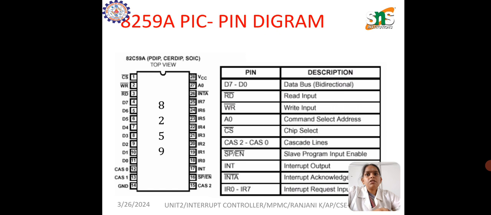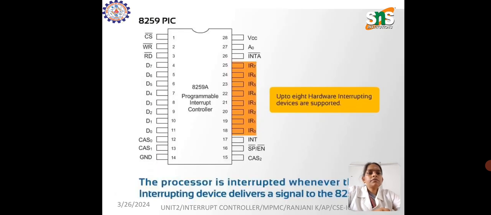This pin serves a dual function. When it is used as an EN pin, it provides an active low output that controls the buffer transceiver in the buffer mode. Here we have highlighted that IR0 to IR7, 8 hardware interrupt devices, are supported.